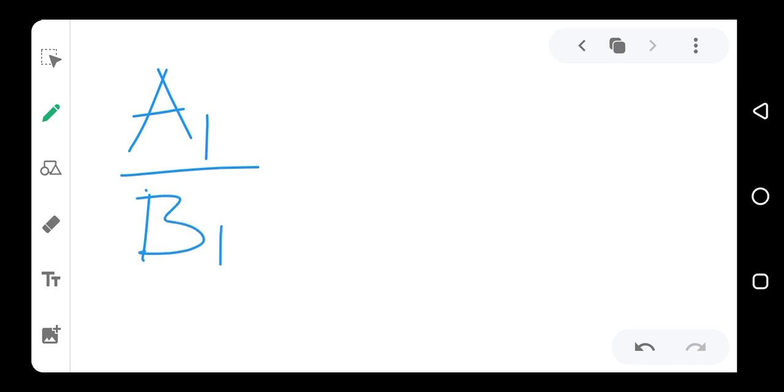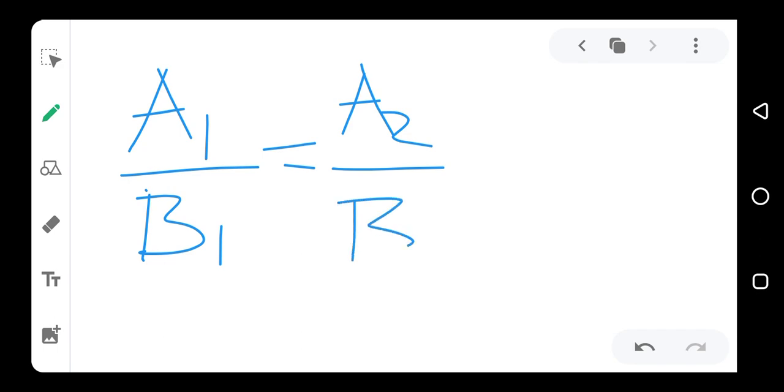So we now use the formula that A1 over B1 is equal to A2 over B2.